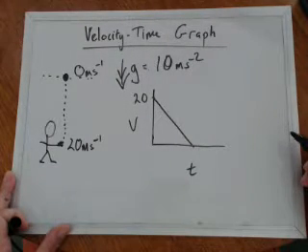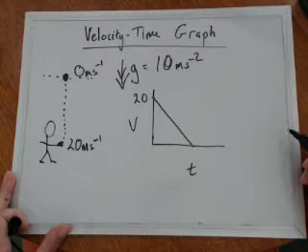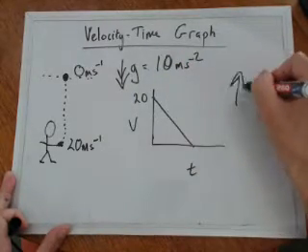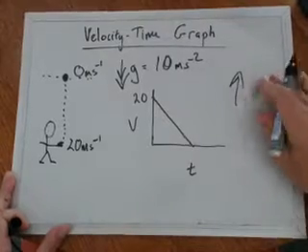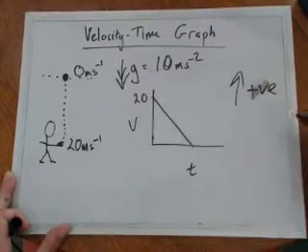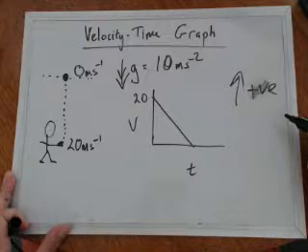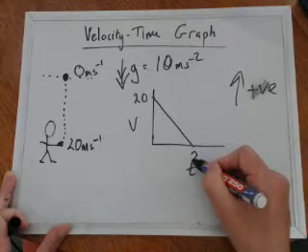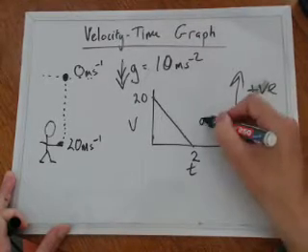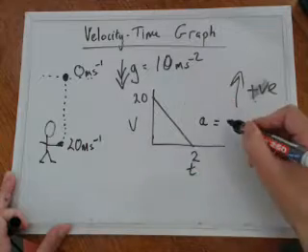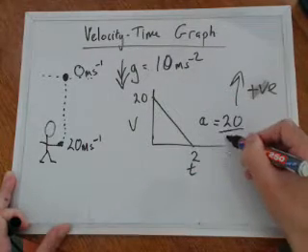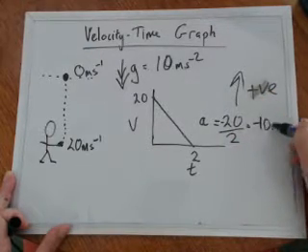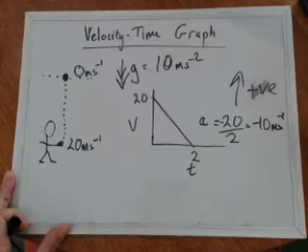Now the gradient is going to be equal to, assuming velocity positive in that direction, so this is our positive direction, therefore the acceleration will be a negative value, and that's going to take us 2 seconds. So the acceleration a is going to be change in velocity, which is 20 divided by 2, and that's going to be negative, which is minus 10 meters second minus 2. So that's what it's going to look like.